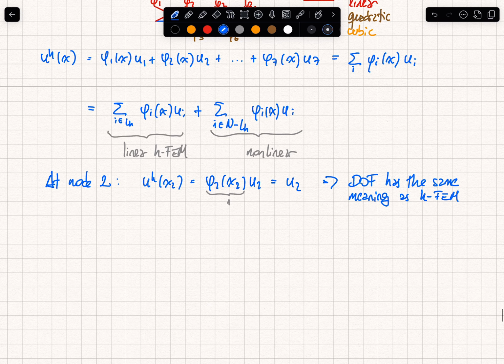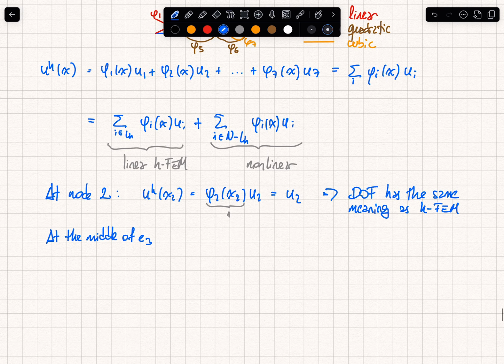Okay, well, what happens at the middle? Say at the middle of E3, which is our cubic element, right? Well, we can compute u_h at (x3 plus x4) divided by 2. That is going to be equal to my linear function phi3. Well, let's say, just to help me, this point I call x prime.